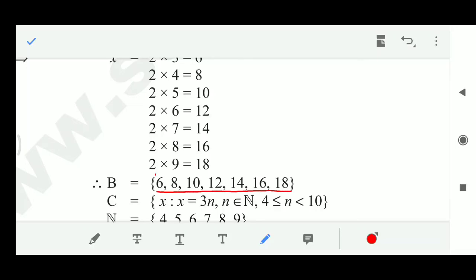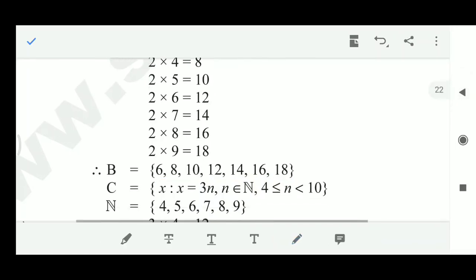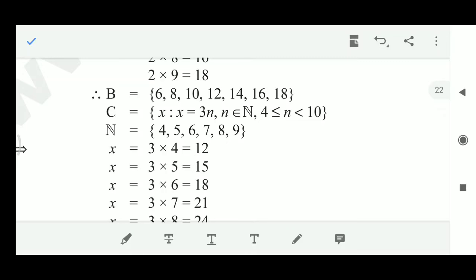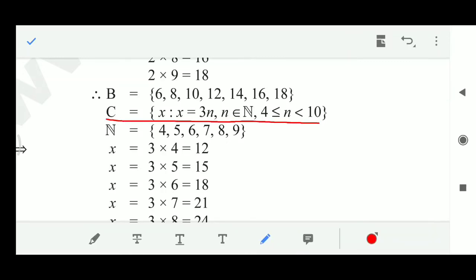Like that we are going to find C. C is equal to {x such that x is equal to 3n, n belongs to natural numbers, n lies between 4 and 10}. We have to include 4 and exclude 10. That is, n is equal to 4, 5, 6, 7, 8, 9. Now substitute in x is equal to 3n.